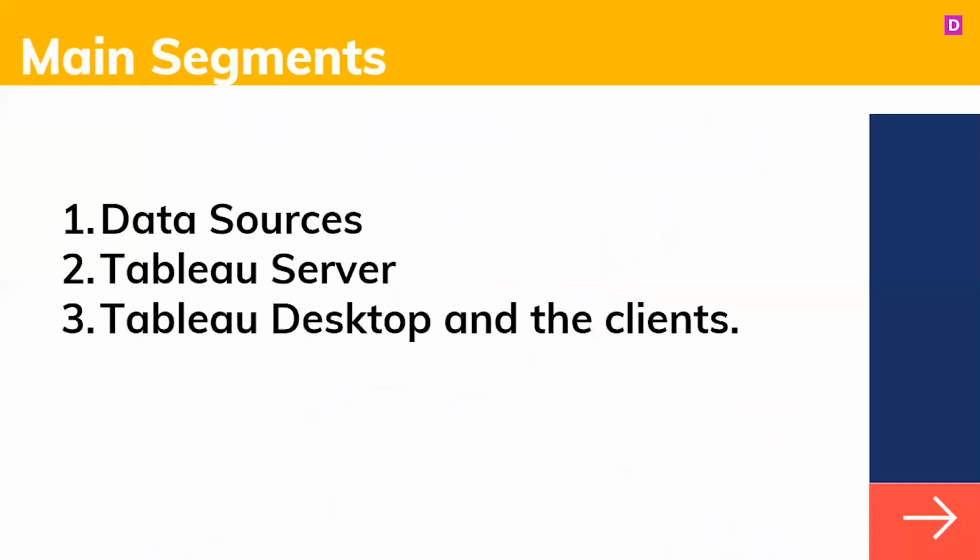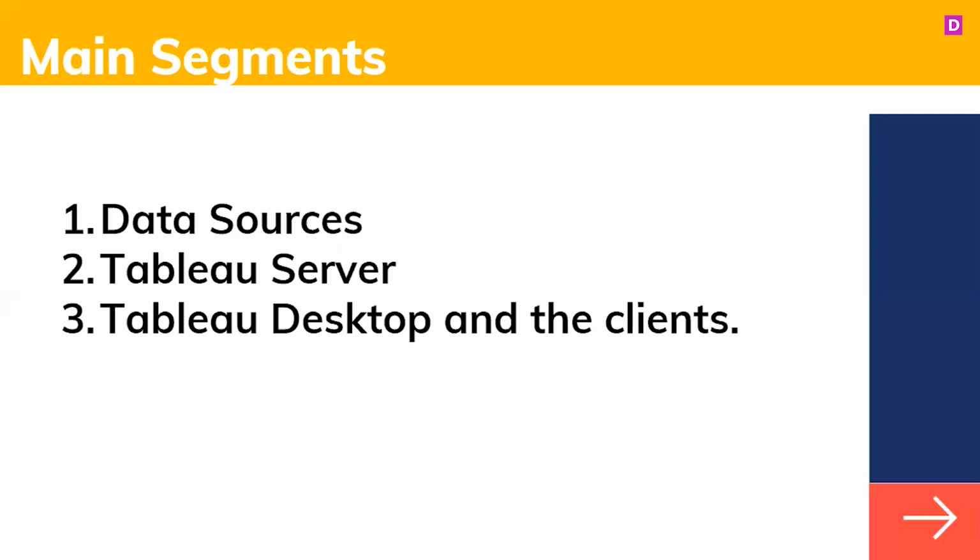So when we went for Tableau, the bigger architecture of Tableau basically consisted of three components. Those are called the three major components of Tableau. First is your data sources. As the name signifies, the data source is the place where a user is going to get the data.